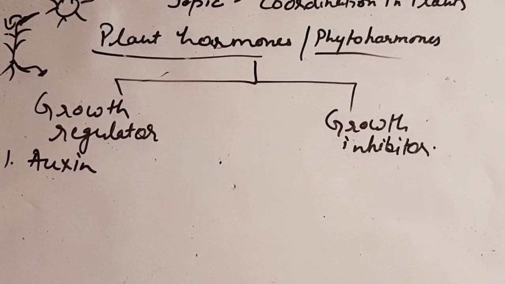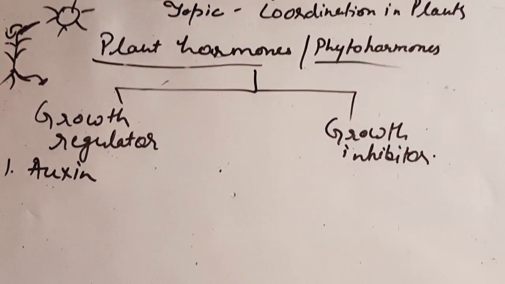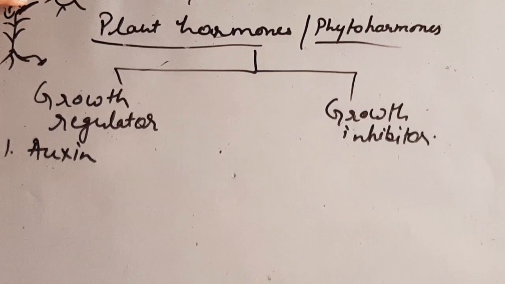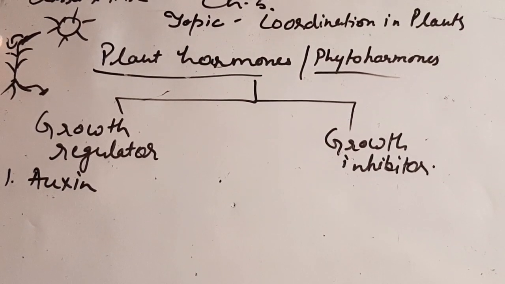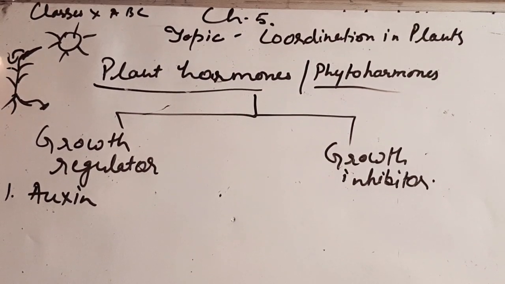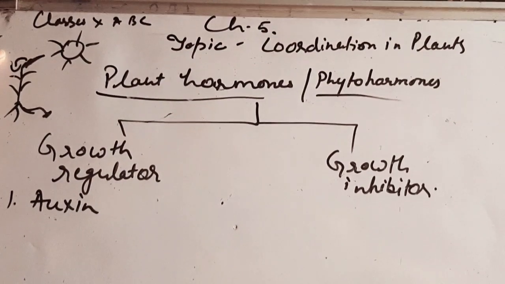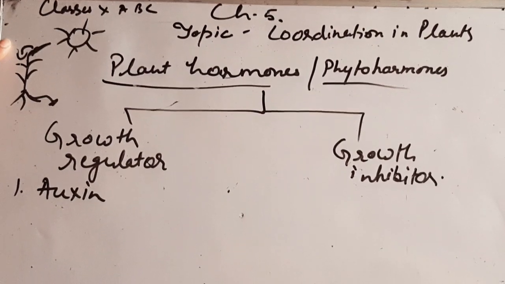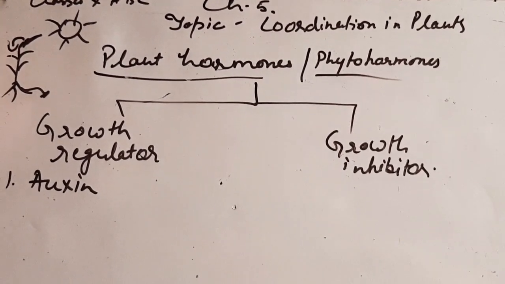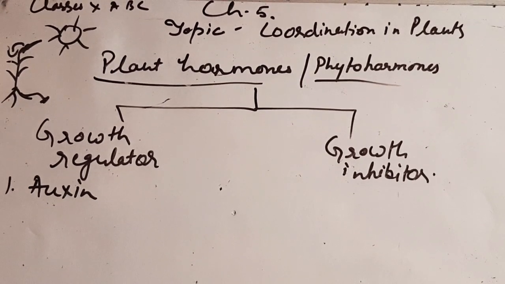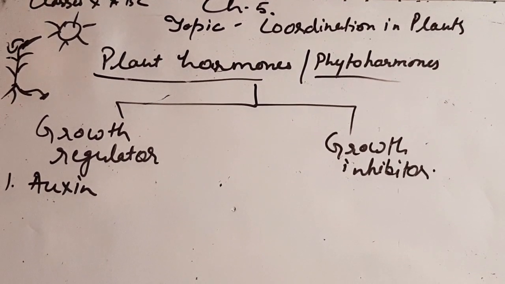So this bending is just because of this auxin which is secreted at the tip, but it migrates towards the shady portion. Thus, due to the influence of this auxin hormone, the cells start dividing and we see that the growth turns the stem towards the sun.